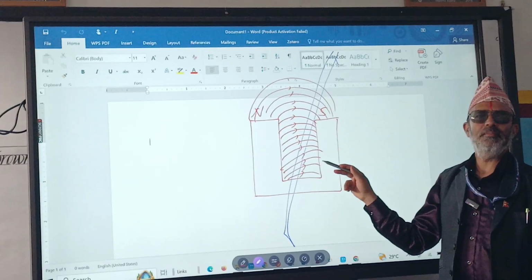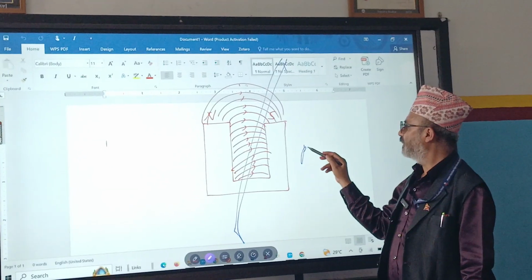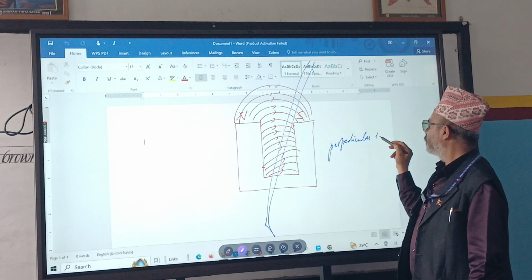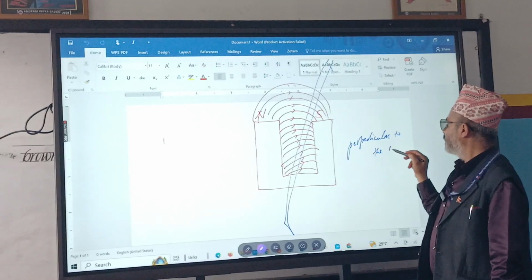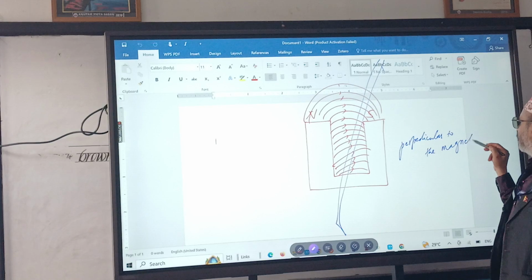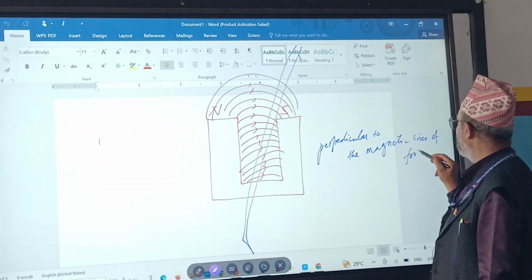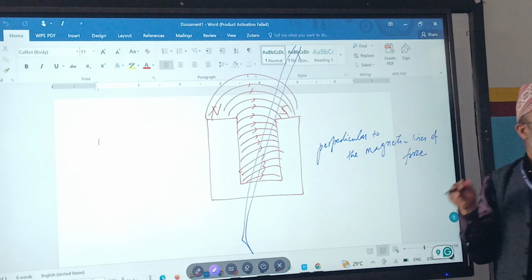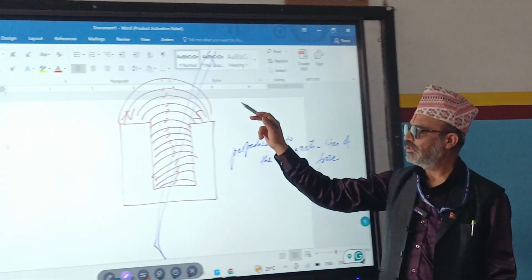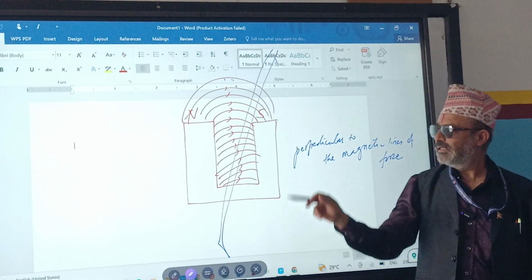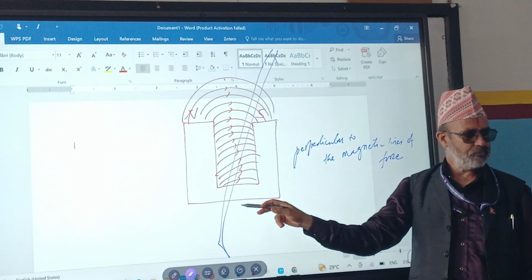And some of the magnetic lines of force are perpendicular to the conductor. Try to understand it. If a conductor is placed in the magnetic field of a magnet, then it cuts the magnetic lines of force.